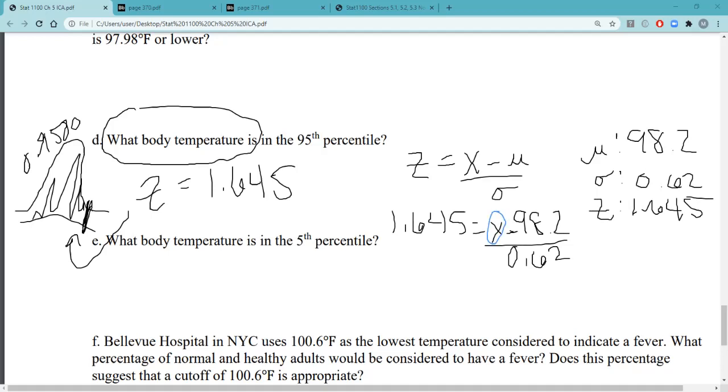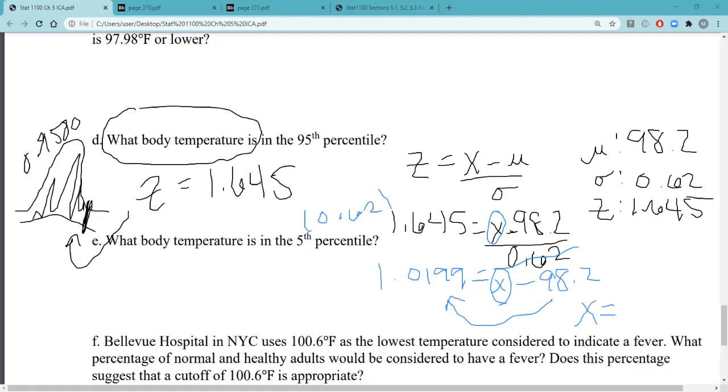To do that, I'm multiplying both sides by this 0.62, and then adding 98.2 to both sides, which isolates our variable and solves for x.